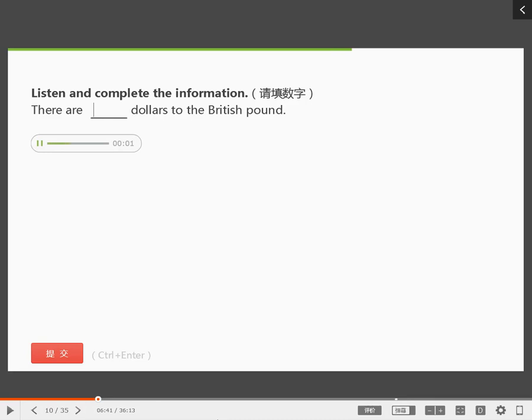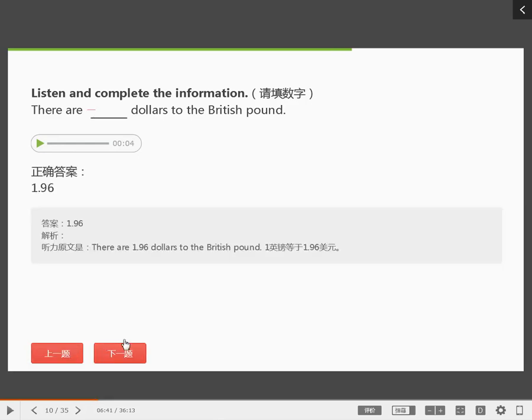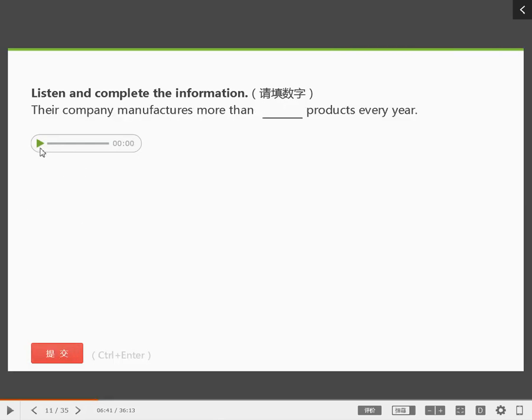There are $1.96 to the British pound. Their company manufactures more than 3,800 products every year.